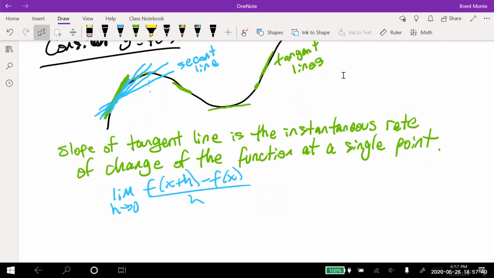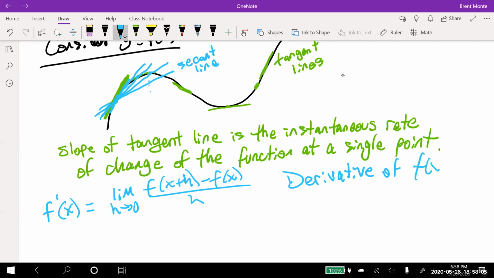So if this limit exists, what we do is we call that, it's not f of x, because it's not the original function, it's the slope. What we call that, we put a little mark right here, we call it f prime of x. This is the definition of what we call the derivative. So this is the derivative of f of x.